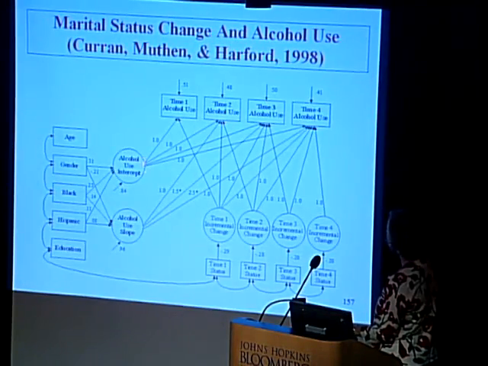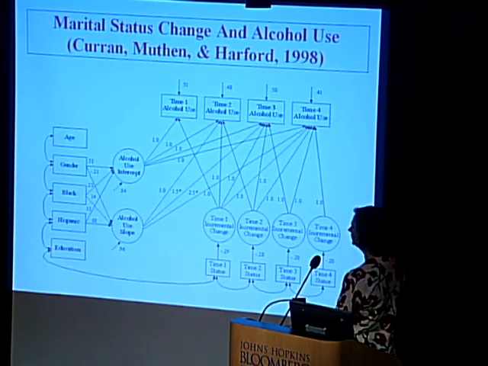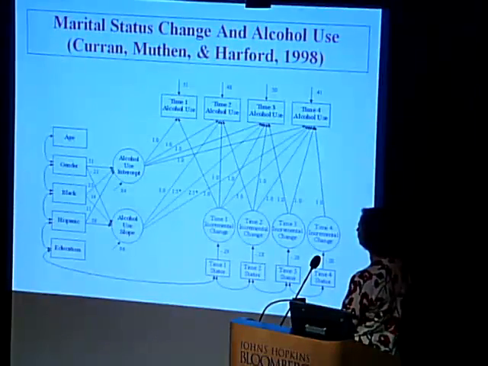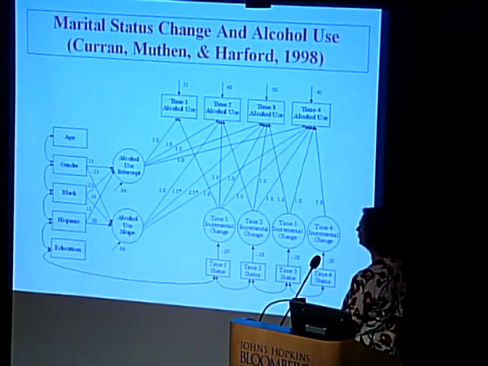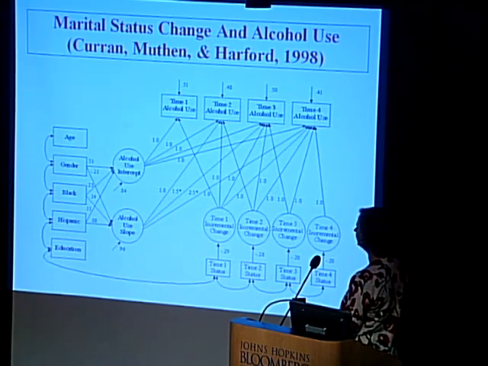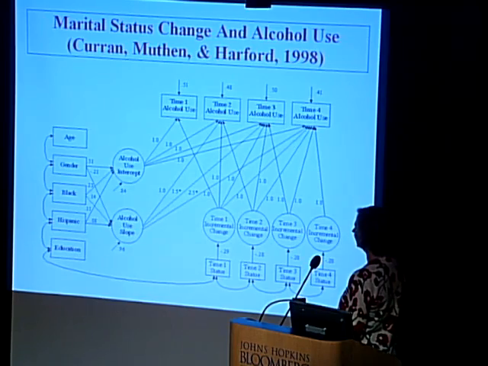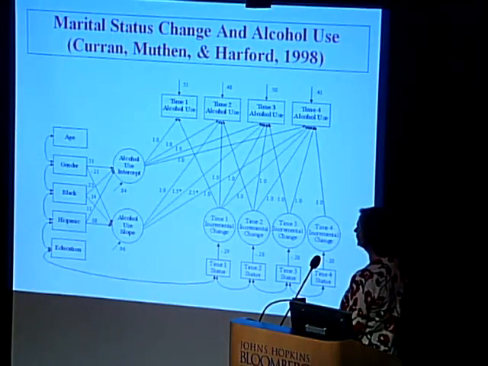We have our alcohol use intercept growth factor, slope growth factor, and then we have regressed the intercept and slope growth factors on a set of covariates: age, gender, Black, Hispanic, and education. So that's just exactly what we've been looking at.